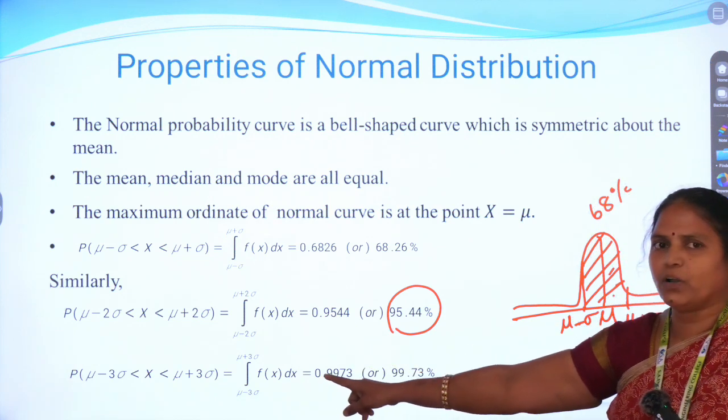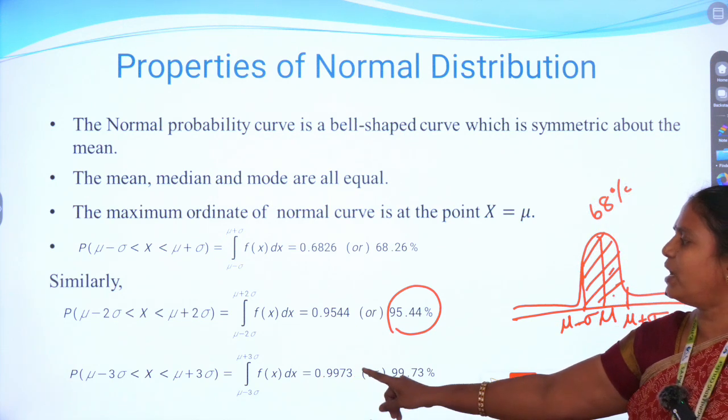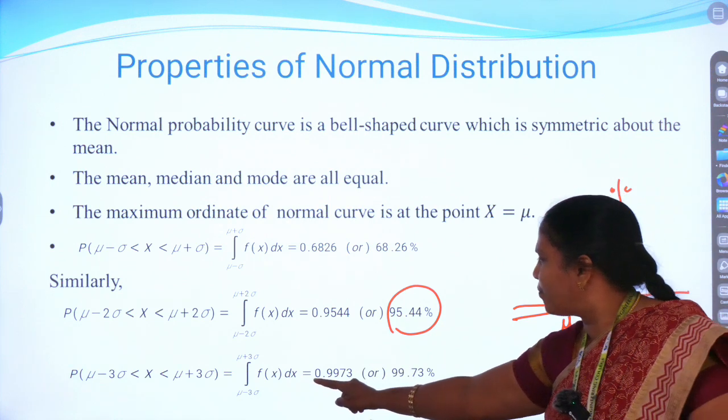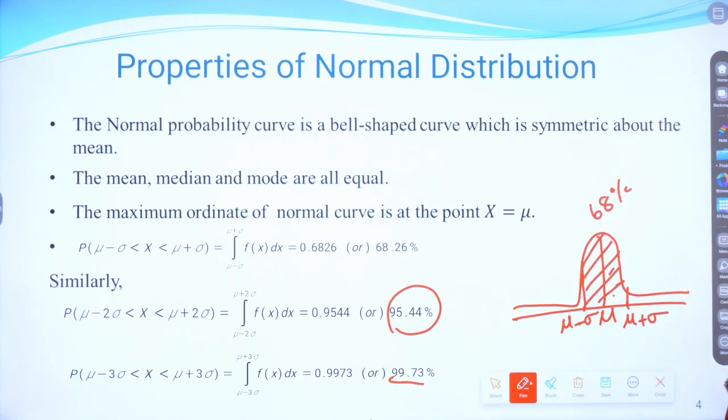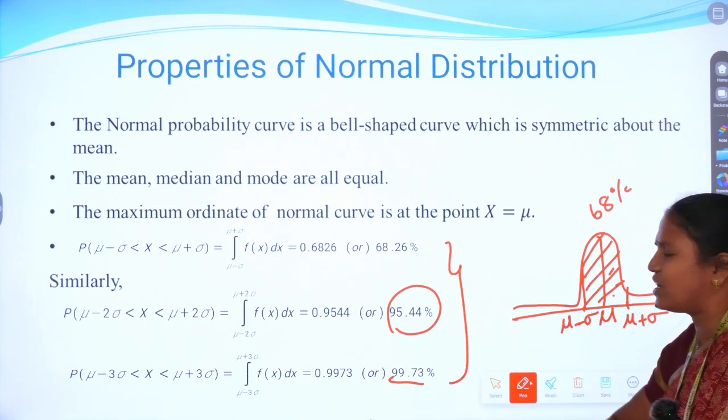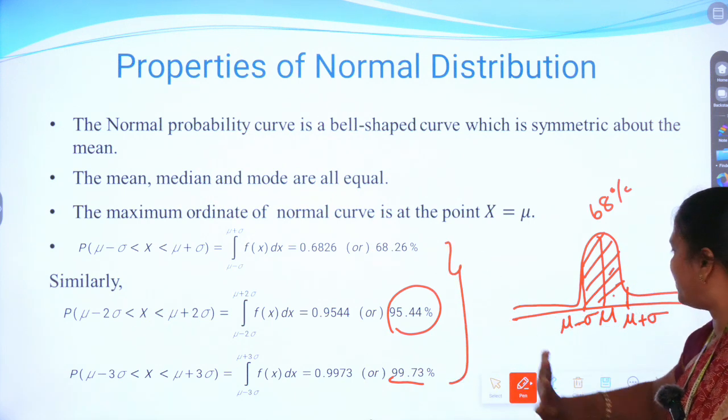Similarly, the probability of mu minus 3 sigma less than x less than mu plus 3 sigma is equal to 99.73%. These three standard probabilities you have to memorize.